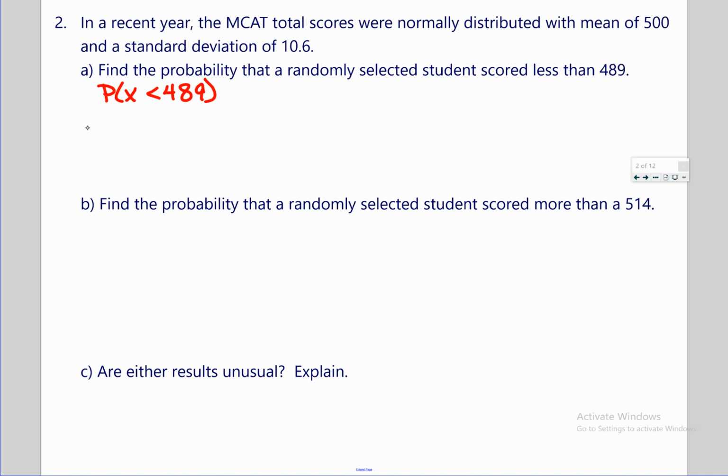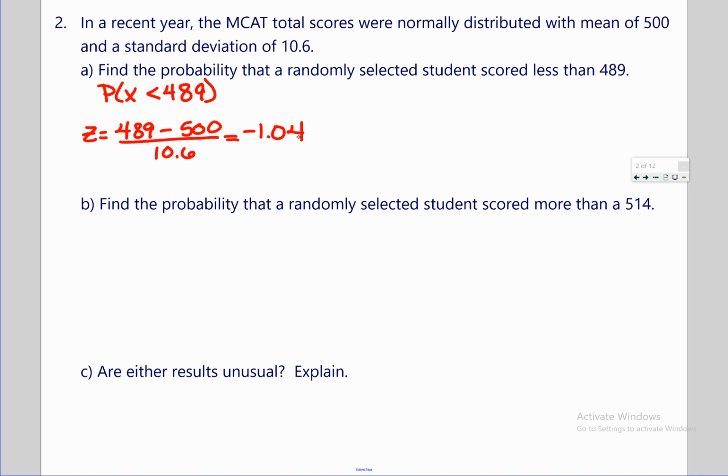So z-score formula again: x, 489, minus my mean in this problem, 500, over the standard deviation, 10.6. 489 minus 500 over 10.6. I get -1.04 if we round to 2 decimal places.